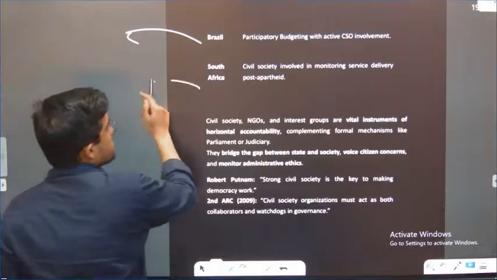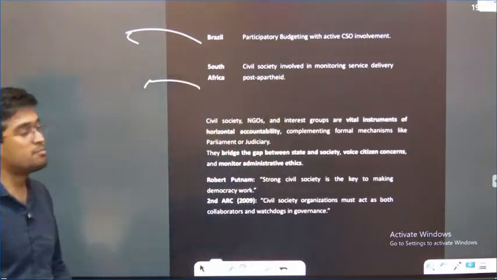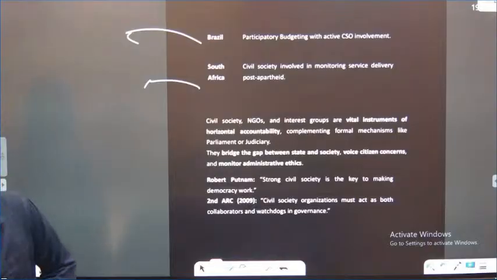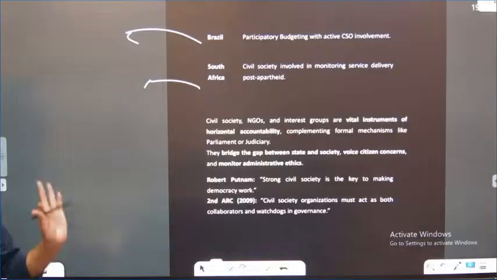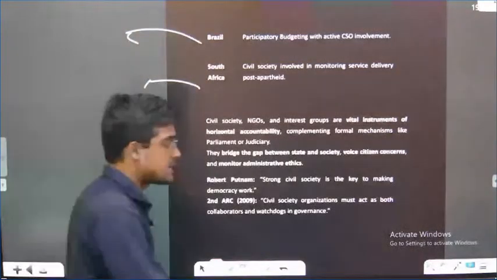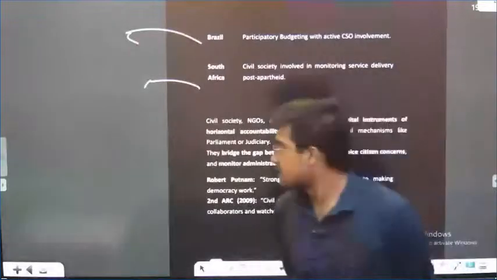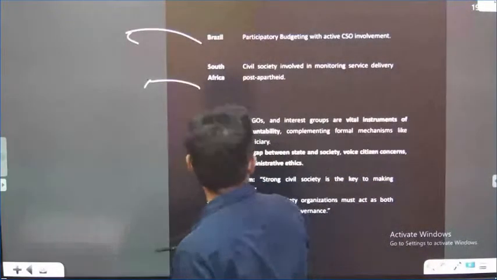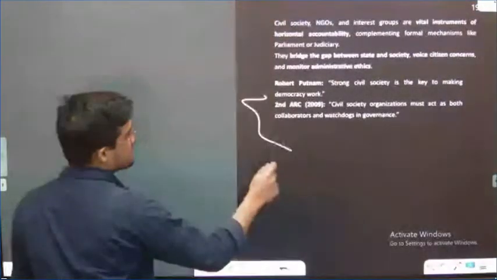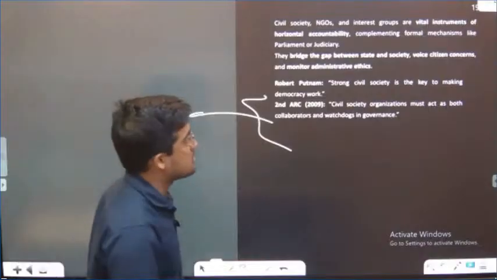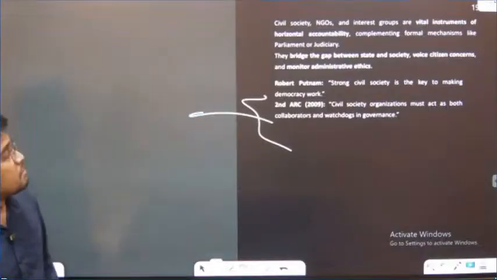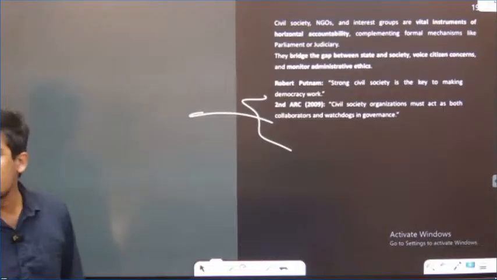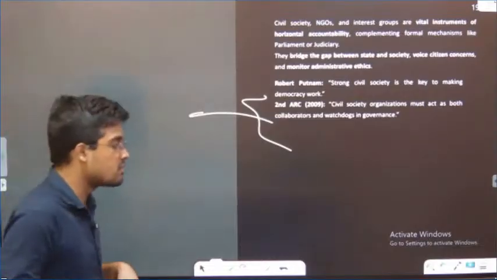In South Africa, civil society is involved in monitoring service delivery post-apartheid, to protect the interests of the Africans, ensuring policy monitoring is done. Second ARC said civil society organizations must act as both collaborators and watchdogs in governance.